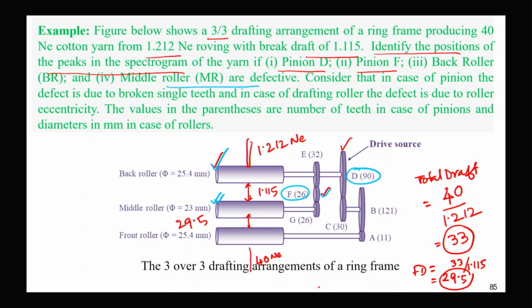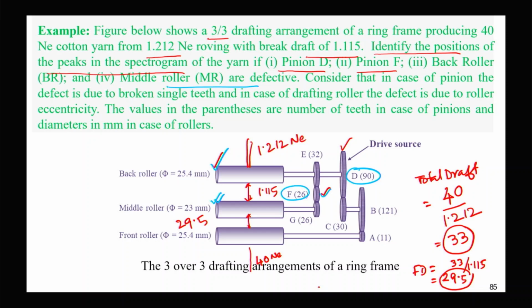In 4 conditions we have to calculate. Considered in case of pinion, the defect is due to a broken tip. So one tooth may be broken, and in case of drafting roller, the defect arises due to eccentricity of the roller.